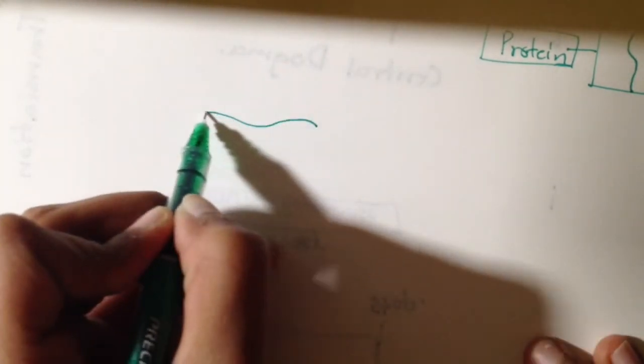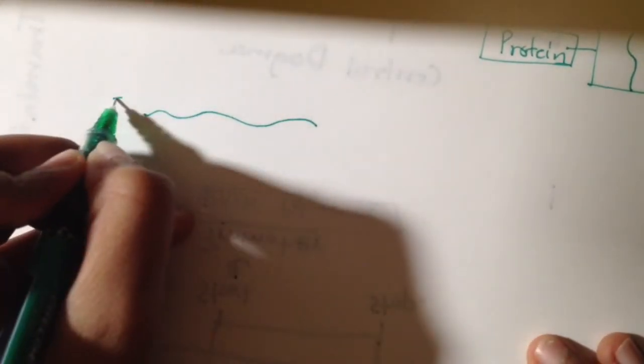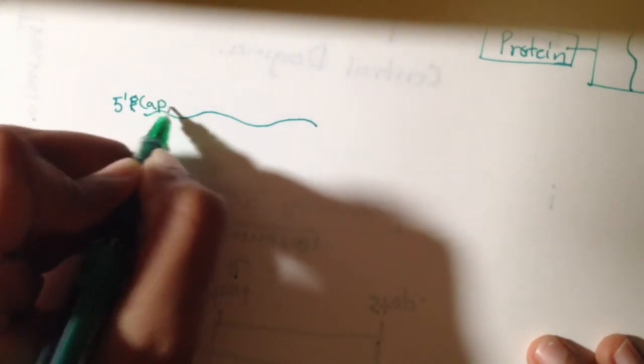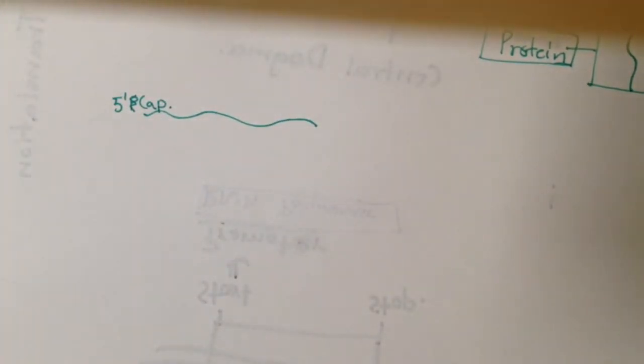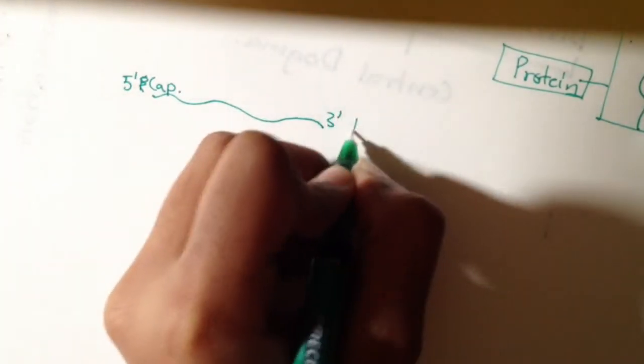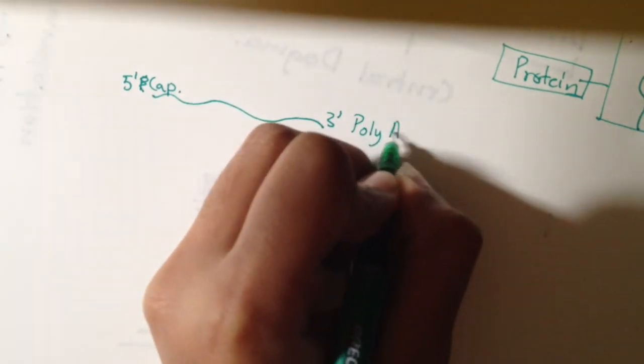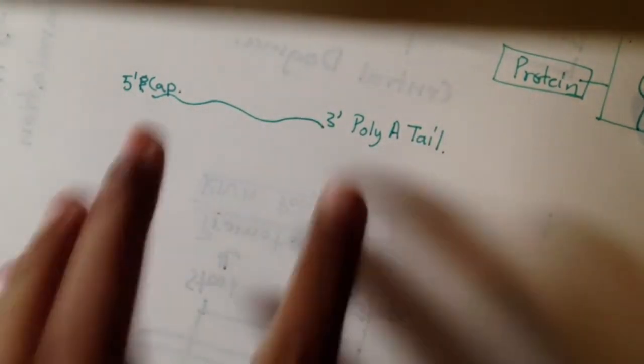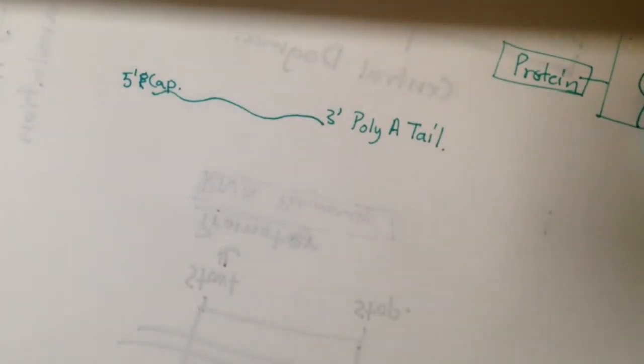This strand of mRNA has a 5' cap and a 3' poly A tail. Essentially what these two do is protect the RNA from other enzymes in the cytoplasm.